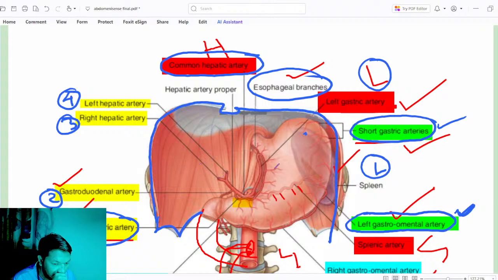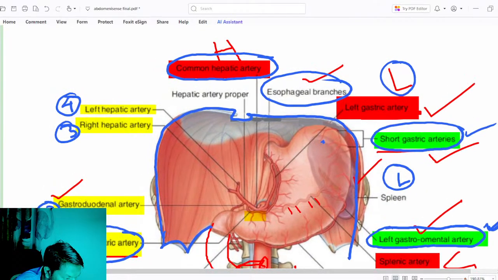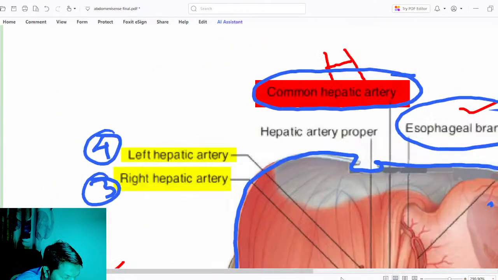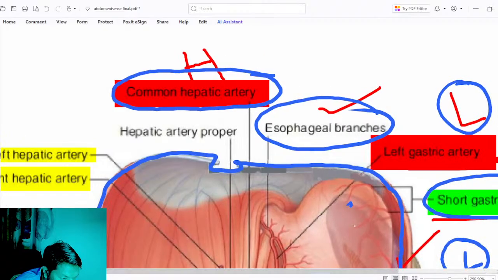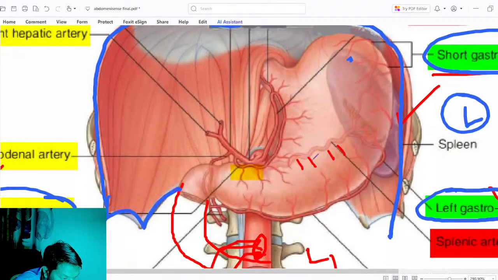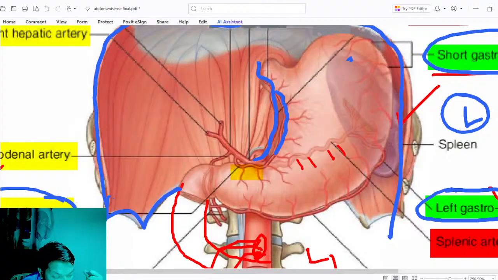It is not becoming the right gastric artery. Your confusion is very logical. Mainly, see, if we zoom in the picture, this is the left gastric artery going up. Another branch gives supply to the lesser curvature.